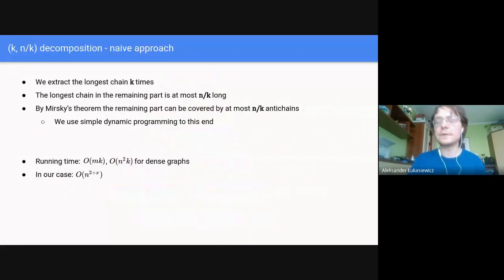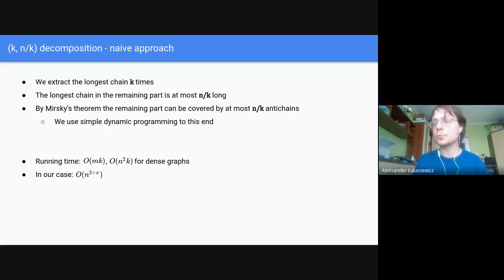There is a naive approach: if you want to compute a k, n over k decomposition, we can just extract k longest chains iteratively, and it's easy to see that the remaining part can't be covered by n over k anti-chains. However, this is too slow.